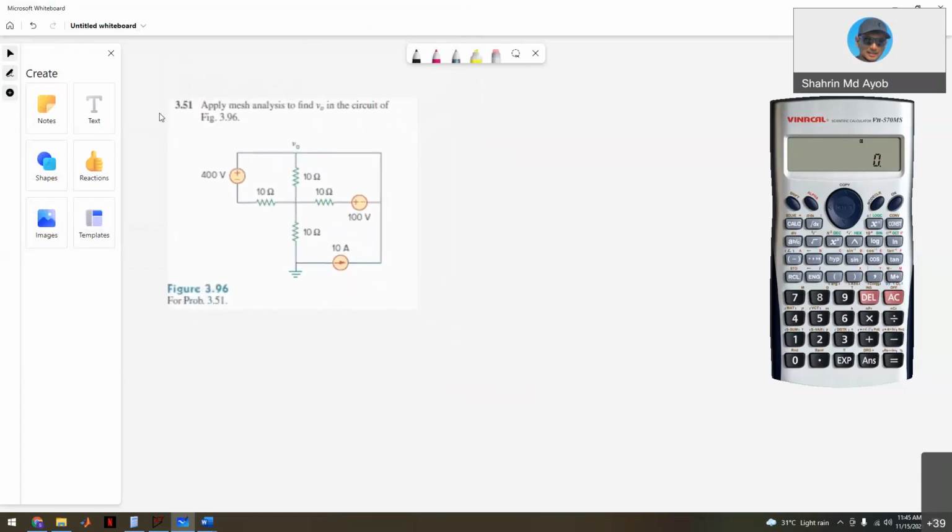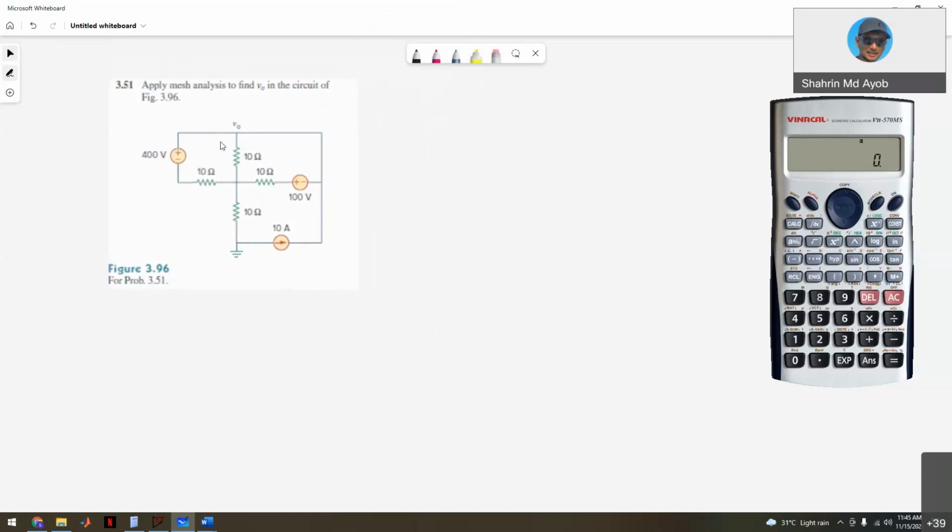Looks easy, but the last question is to find VO, which is the voltage drop across the 10 ohm here plus the voltage drop across the 10 ohm here. So it will be confusing.